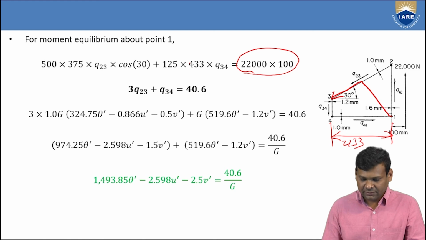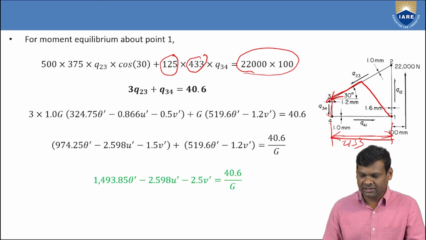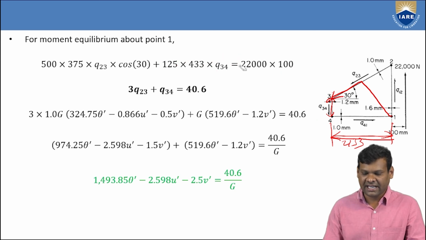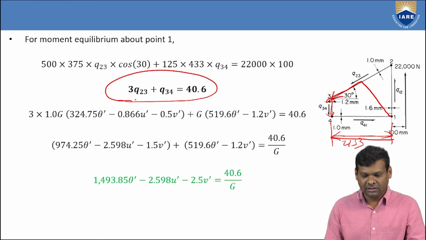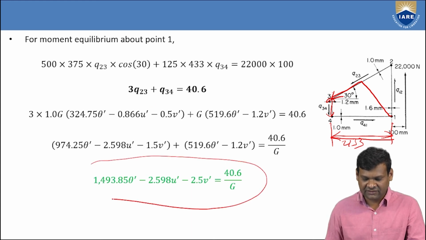This 433 is a perpendicular length from point 1, that is origin, and 125 is the length of the element Q34, and Q34 is the shear force. Finally, after algebraic simplification, we get the following formula, that is 3Q23 plus Q34 is equal to 40.6. And when we substitute the values of Q23 and Q34, and after algebraic simplification, we get this following formula.